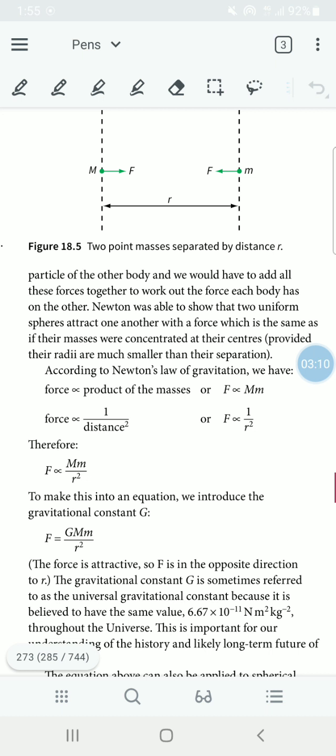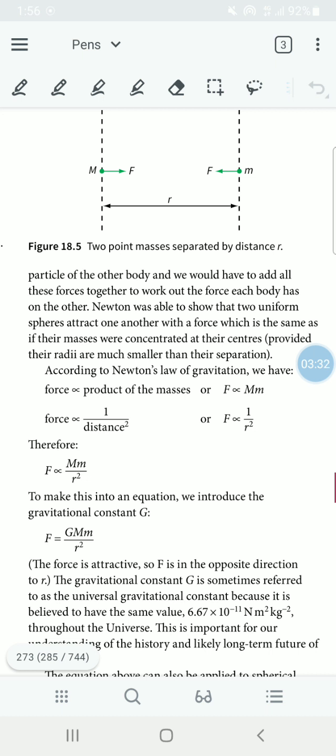That is, Newton established that all the forces work out in such a way that it appears to be acting from the central point. Right? Provided their radii are much smaller than their separation.